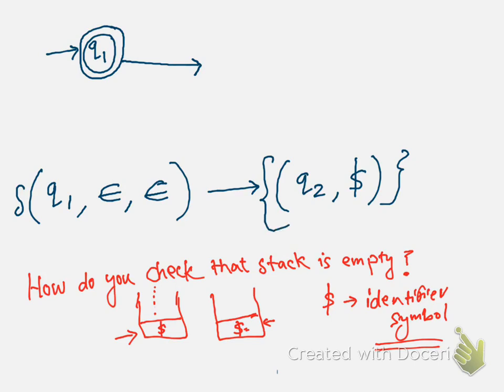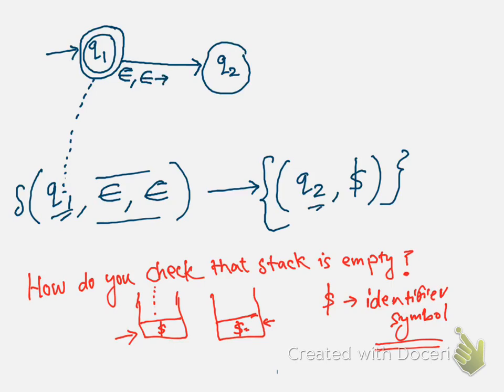And how can I write it down? In this transition diagram, I write it as Q2. This state Q1, we already know that we are coming from state Q1, so I write down only both of these here. When my input symbol is epsilon and my stack top is epsilon, then from here I know that I am going to Q2.